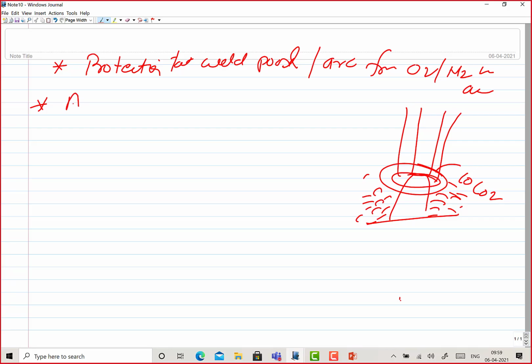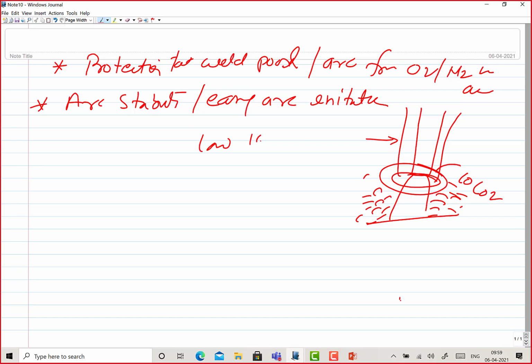Second, to improve arc stability and easy arc initiation. For easy release of the arc during welding, and even during restarting or striking the arc, some low ionization potential elements like sodium, potassium, and even calcium are added with the fluxes.